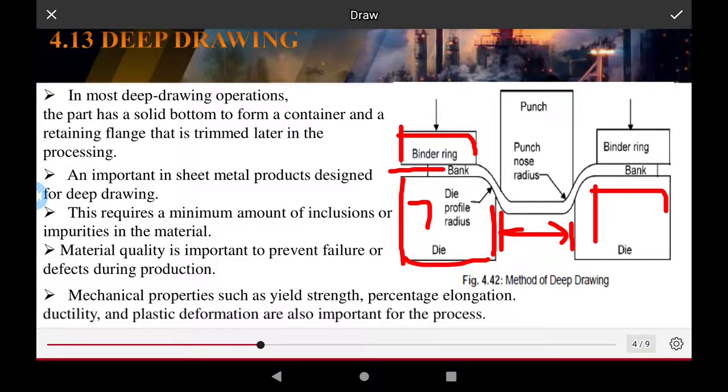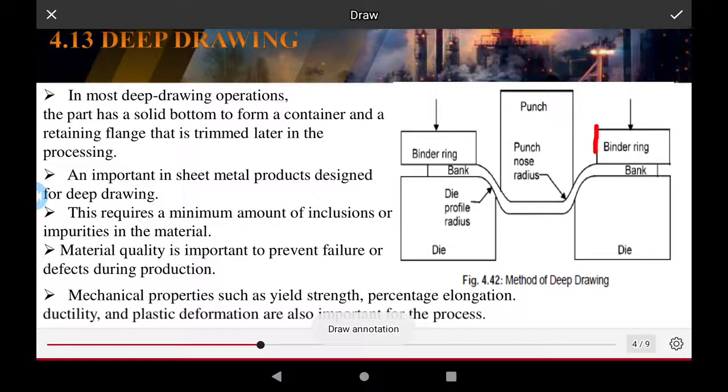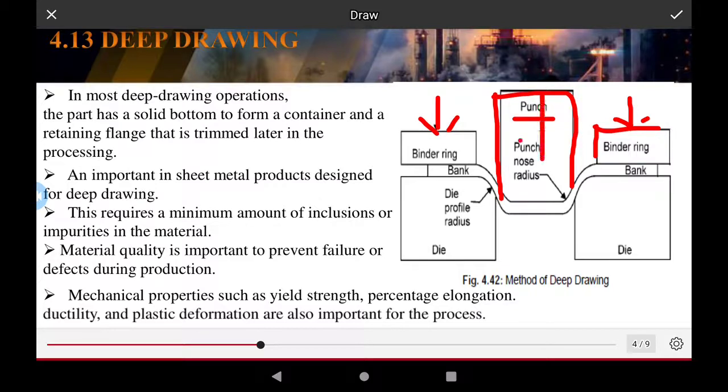This is the workpiece, the blank. The punching force is applied to the workpiece, bending the blank. This is the punch on the ram, with the punch nose radius. This is the punch force applied, and the stiffness of the metal is achieved. This is the deep drawing method.